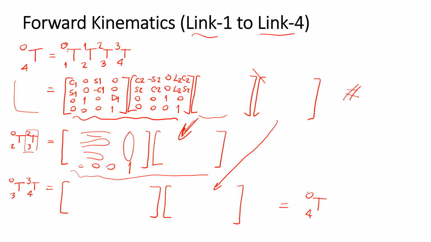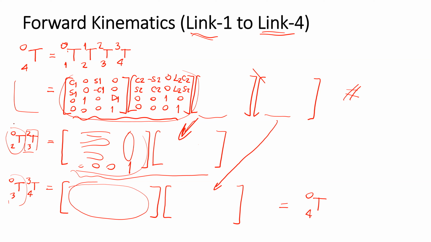Why do I suggest you do it this way? From link 1 to link 4, you obtain the product of the first two metrics first, and you have this. And then you have the product of the first three metrics. You have this.